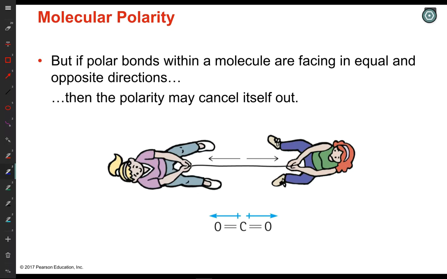Molecular polarity. Polarity is when you have charge that is distributed in an uneven fashion, so one side's positive and one side's negative. This picture is trying to illustrate symmetry. In the case of carbon and oxygen, oxygen is more electronegative. Oxygen is going to want more electron charge. And the bonds between carbon and oxygen, how do I know they're covalent? Because I know they have electronegativities that aren't that far apart.